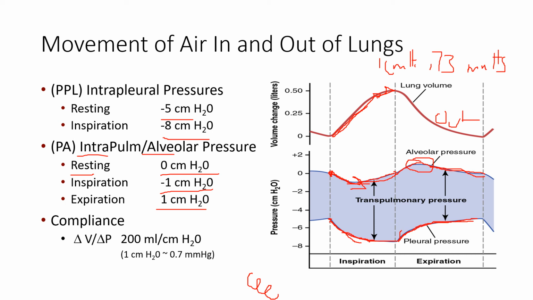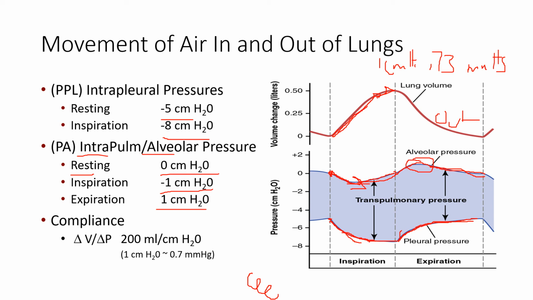We get to a point where the lungs are as full as they can be, or as they need to be, and then we have compression due to the recoil of the lungs, which pulls the chest wall back, decreases the volume in the pleural space, and increases the pressure in the alveoli, which forces air out of the lungs. Completely passive.